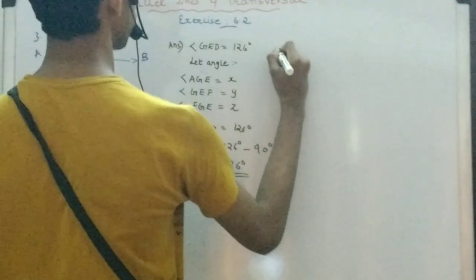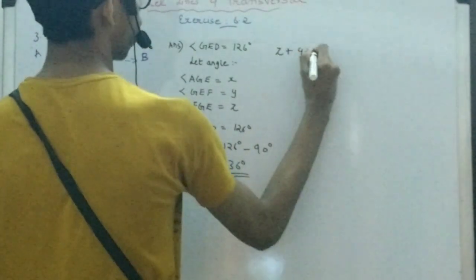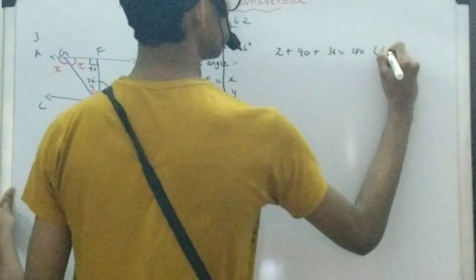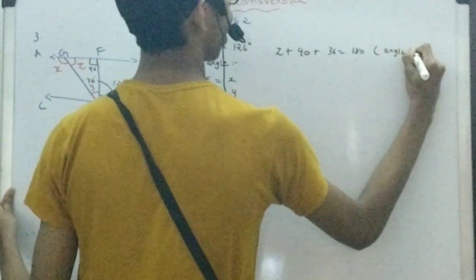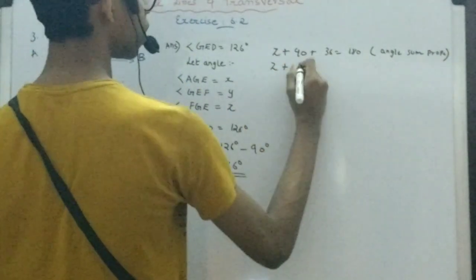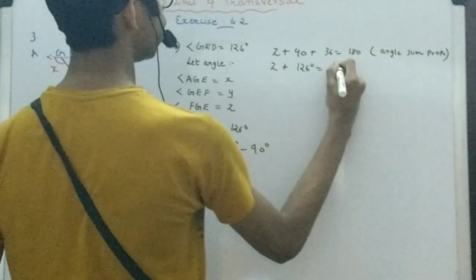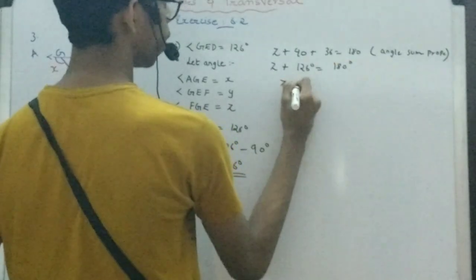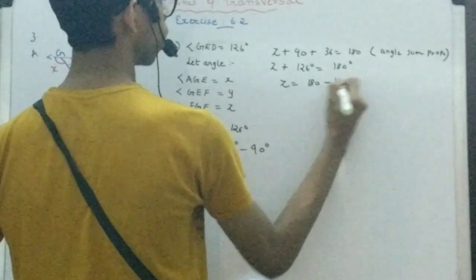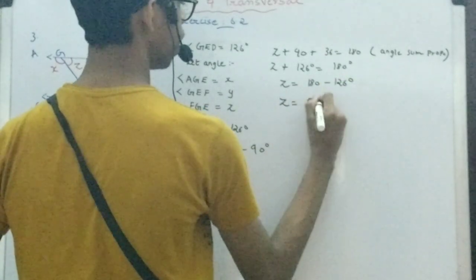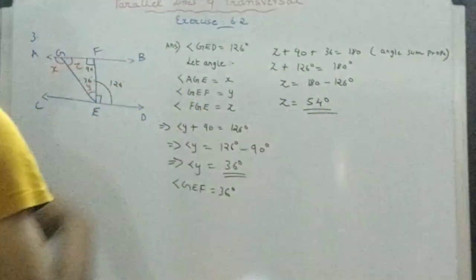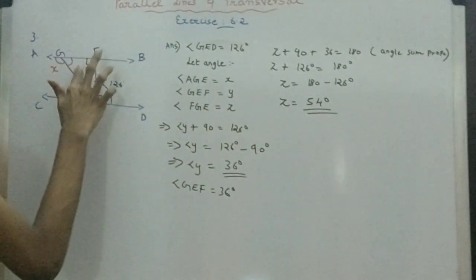So we can say that Z plus 90 plus 36, which is 126 degree, is equal to 180 degree. So we will be getting Z is equal to 180 minus 126 degree. So Z is equal to 54 degree. So we got the value of angle Z as 54 degree.